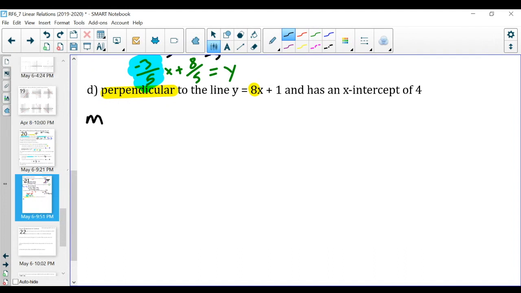So what you guys hopefully have noticed is that the perpendicular slope is going to be negative 1 over 8. So again, if your slope is 8 over 1, the reciprocal is 1 over 8. And because we want the negative reciprocal, we're going to pop the negative up there.